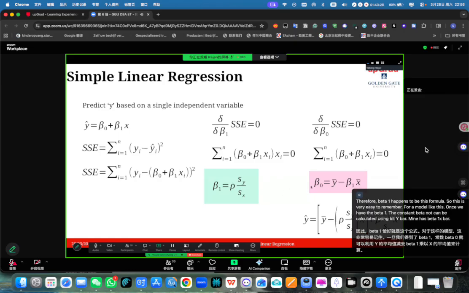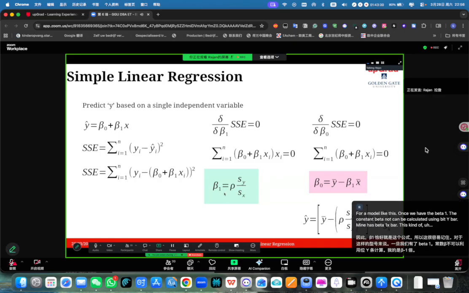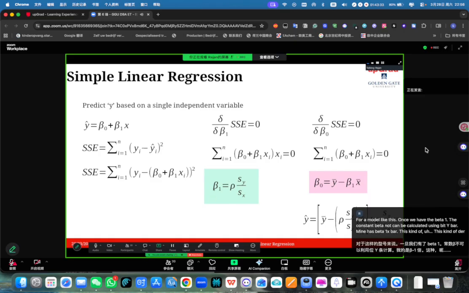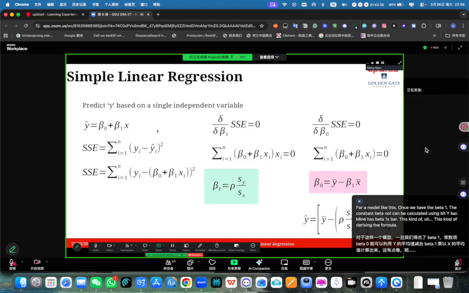Deriving the formula like this is easy when we have only one variable.